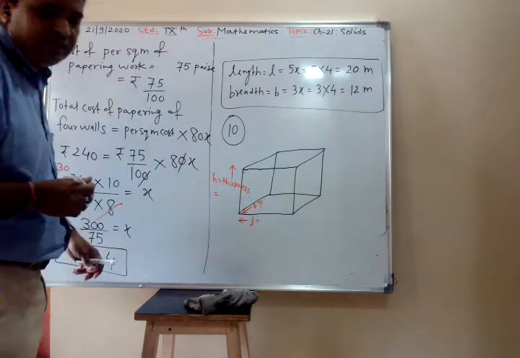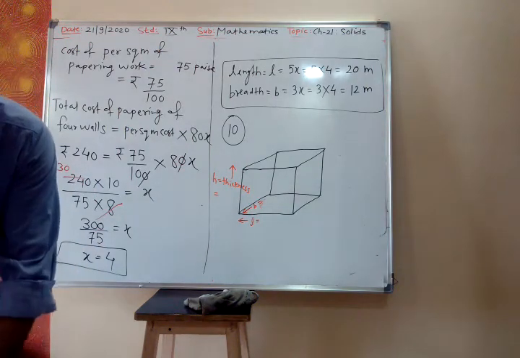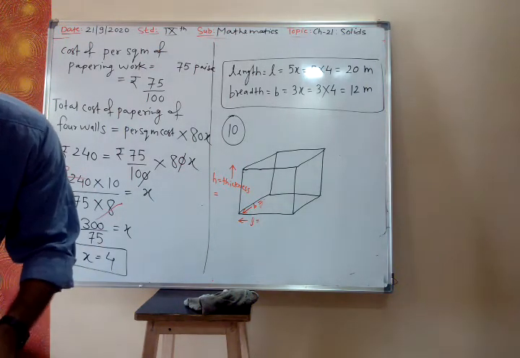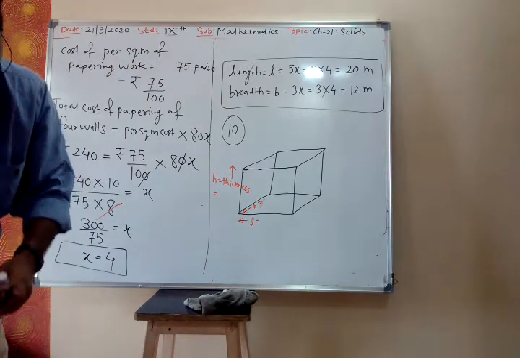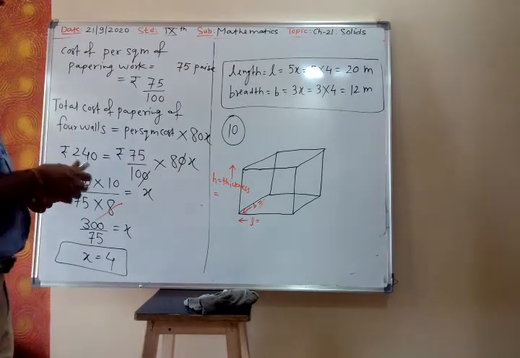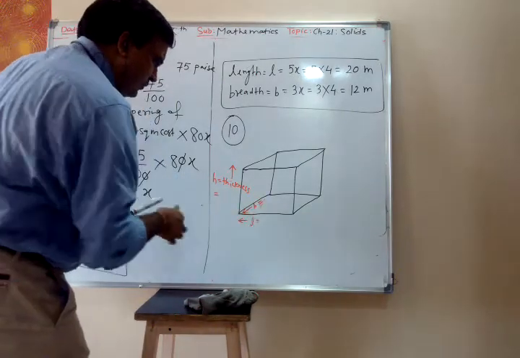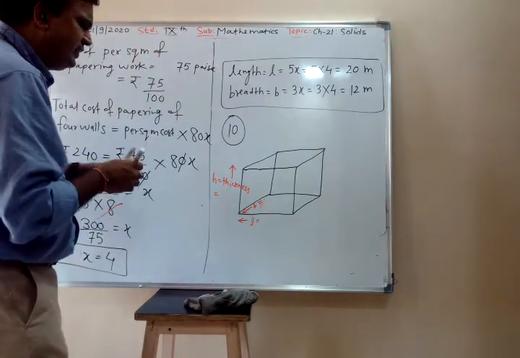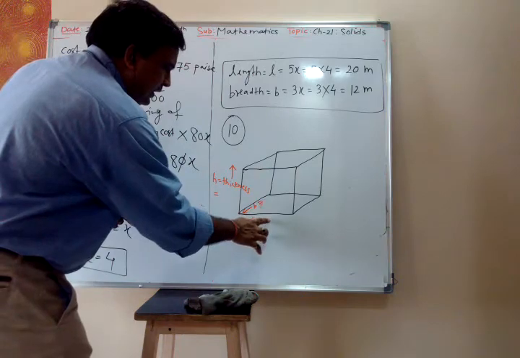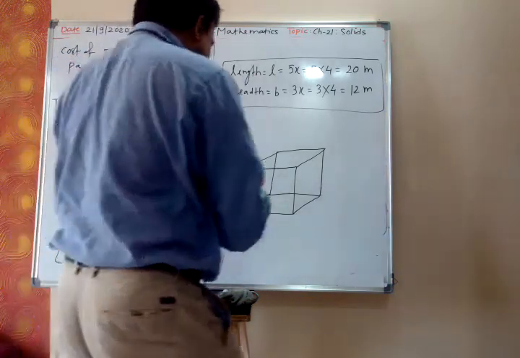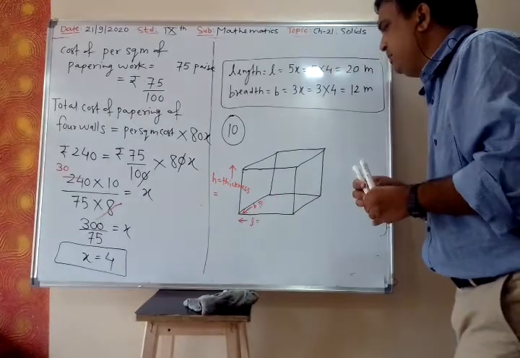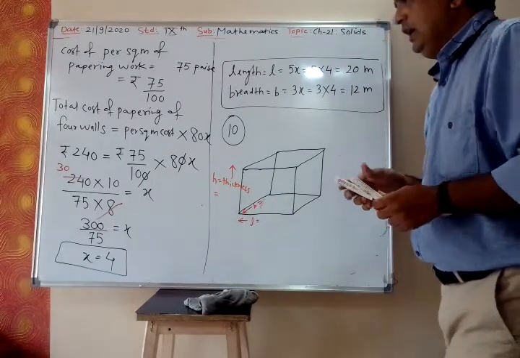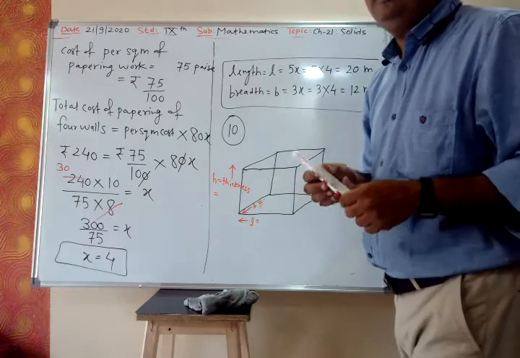How much is it given? See here, a square plate of side x centimeter. Remember, the bottom is my square plate, and the sides of that square plate are the same.